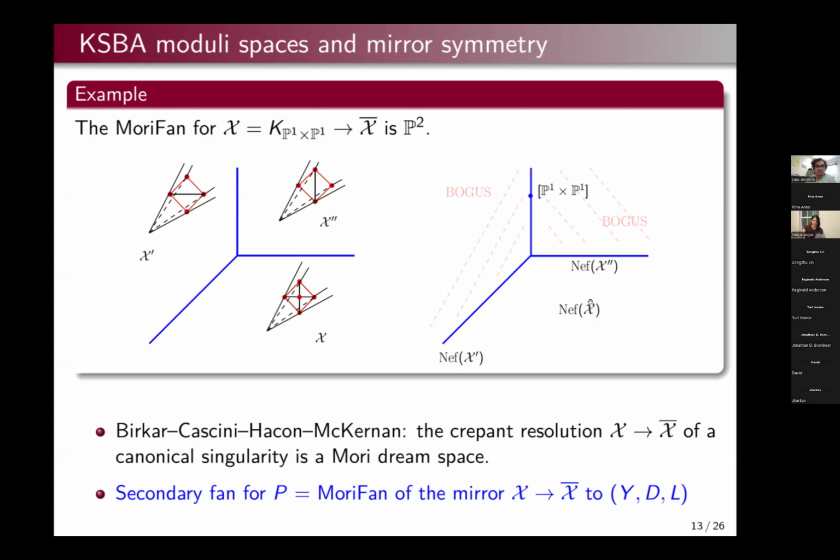So if you remember all possible nef cones, and all possible divisorial contractions, there's a recipe to produce a complete fan. The Mori fan will give a complete fan, and it will correspond to a projective toric variety, which is compact. This is the recipe provided by Keel.